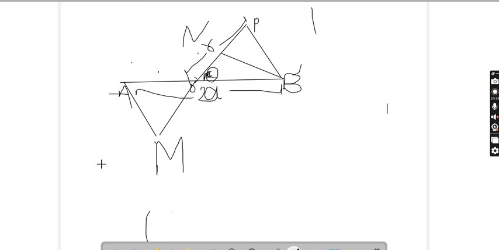Okay. It is having some kind of distance to R. Am I right or not?